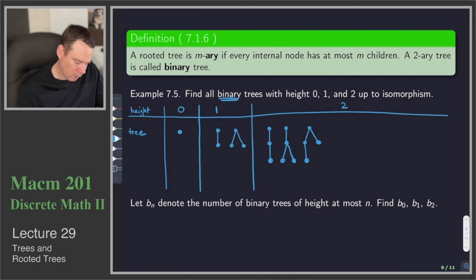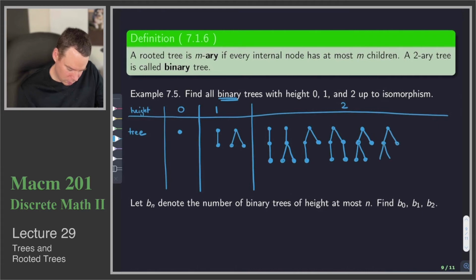So what else could we have? Again, we're in the case where we've got 2 children. Well, they both could have 1 child, something like that. Or, again, we've got 2 children. We could have one of them has 2 children and the other one has none. Or one of them has 2 children and the other one has 1.